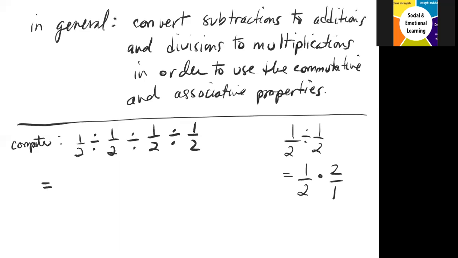It's equal to 1/2 times the reciprocal of 1/2, which is 2 over 1. This is the rule for division that we've laid out now. So anytime we have a division, we want to convert it to a multiplication of the reciprocal. If we divide by a number, we're multiplying by its reciprocal. So if I go back over here, 1/2 is just 1/2. But instead of this division sign, I'm going to write times 2 over 1.